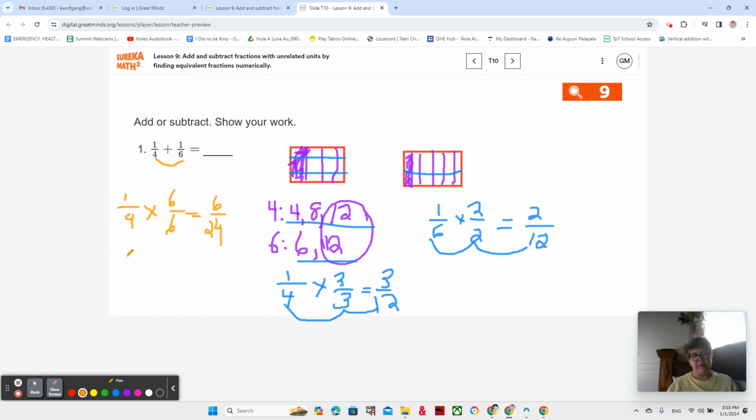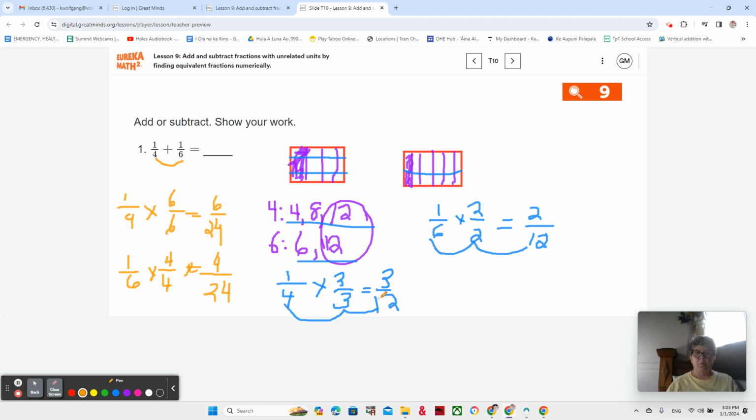And then 1/6 times 4 over 4 and get 4/24. Sure, we can do that. But one problem we're going to see is that the numbers are really big here, and sometimes they can be super big, as we're going to see later today.